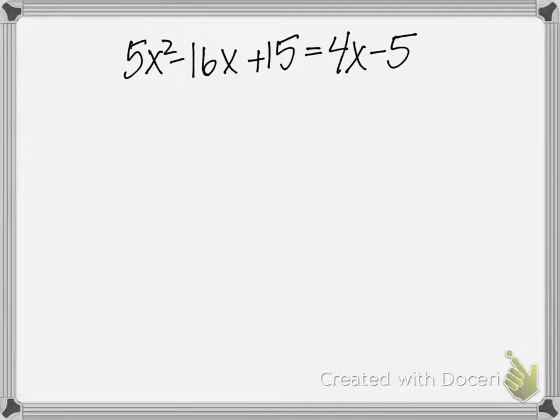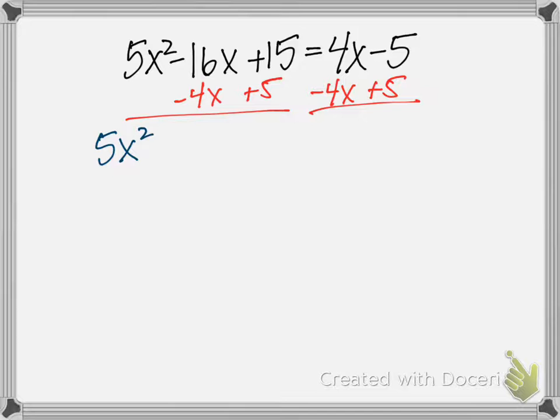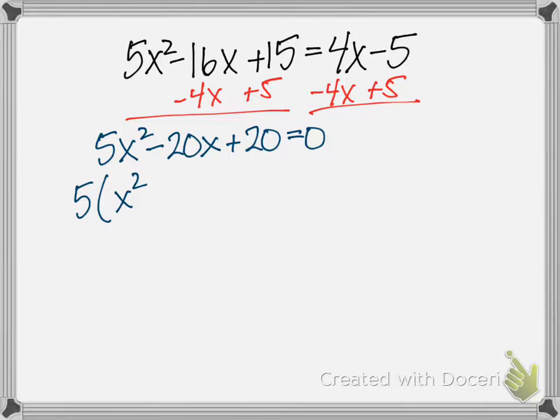So I'm going to move that 4x over and the 5, so minus 4x plus 5 on the other side. Okay, so I'm left with 5x squared minus 20x plus 20 equals 0. Factoring, first things first, if there are any common factors, I'm going to pull that out. So I can take a 5 out of everything here.